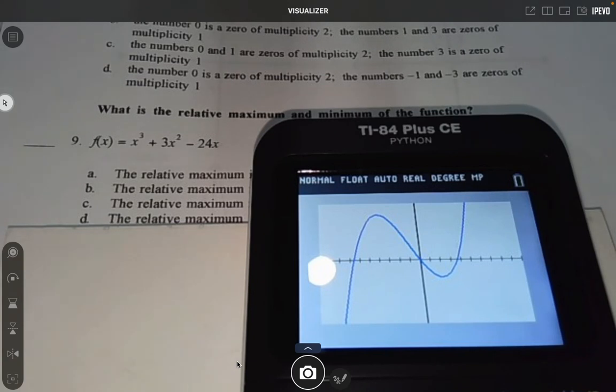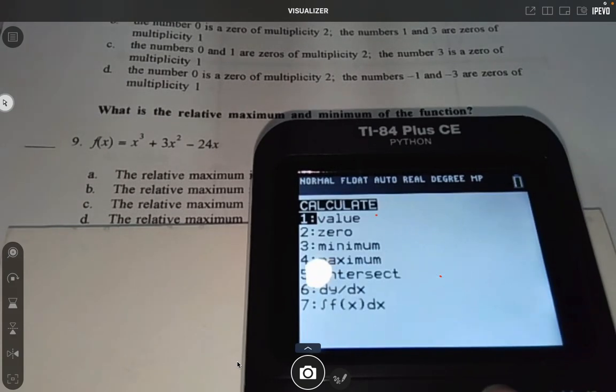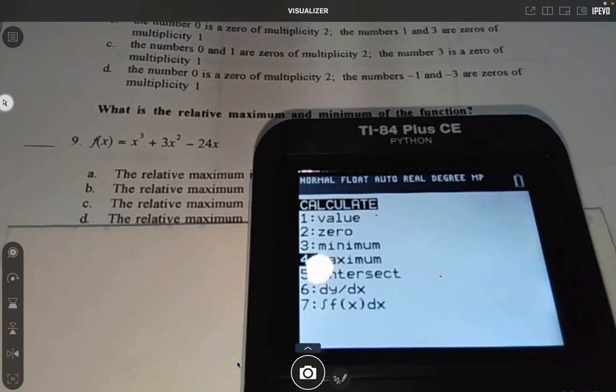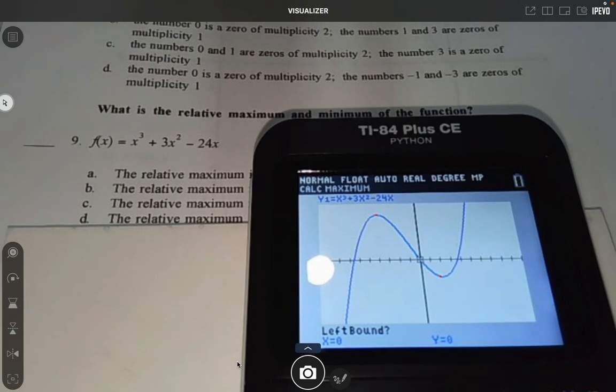Okay, does everybody see your relative max and your relative min? This right here is the relative maximum, and that right there is the relative minimum. So how do we find them? We press second trace. So I'm going to press second trace. Let's go to the maximum first. So you could just click number 4.